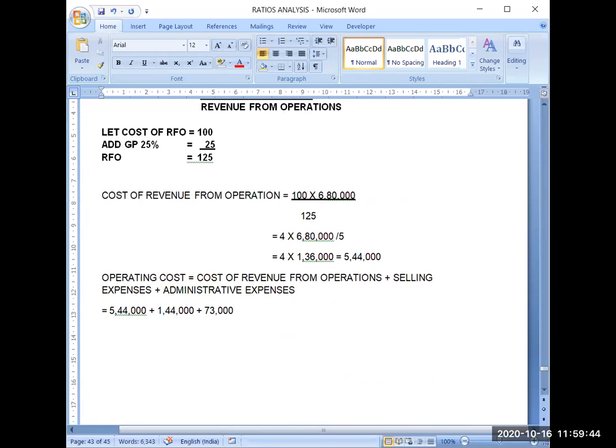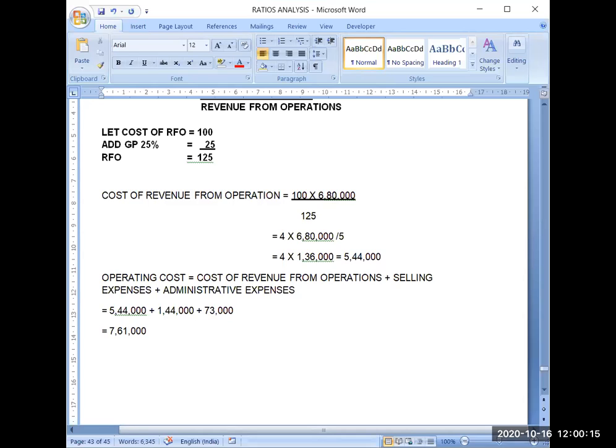So every question will have some easy parts and some difficult parts. You have to practice them. So 144, 147, and 2 lakh 17, 2 lakh 21, 2 lakh 61, 7 lakh 61,000. It will come 7 lakh 61,000.